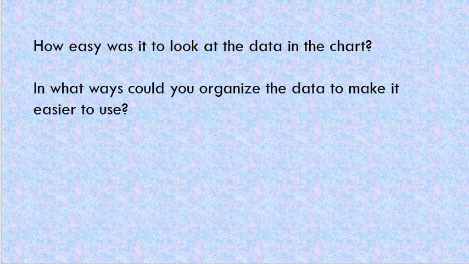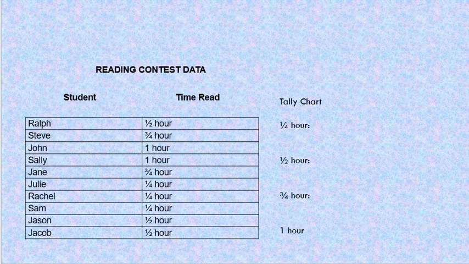How easy was it to look at that data in the chart? It was all jumbled together with different times in different places. So what ways could you organize the data to make it easier to use? We can use a tally chart to organize our data from the reading contest data.